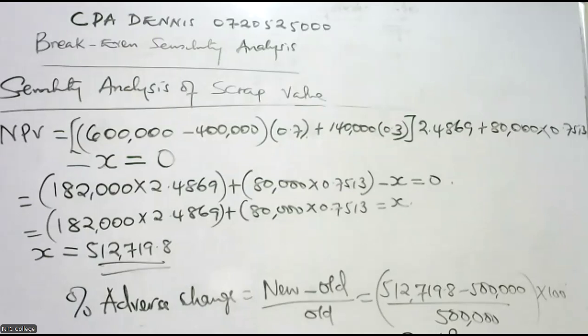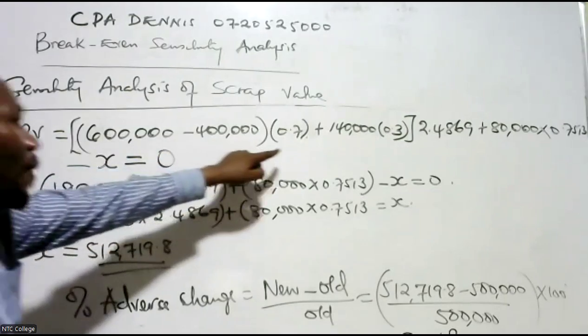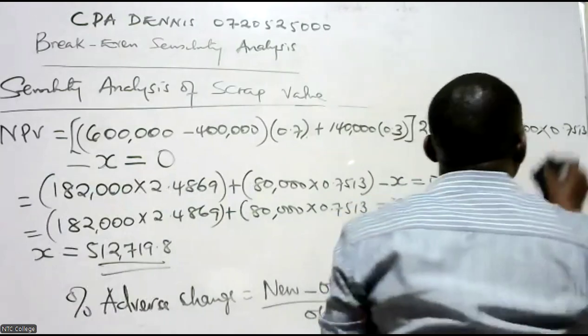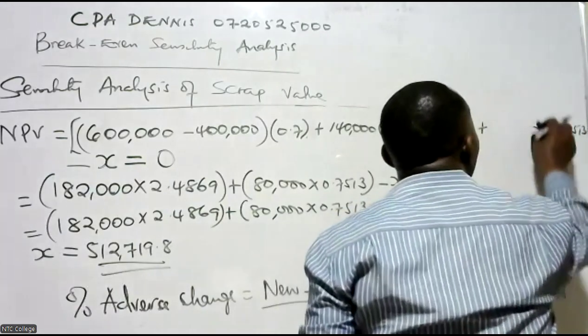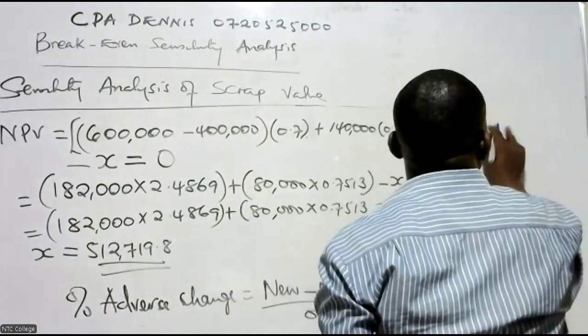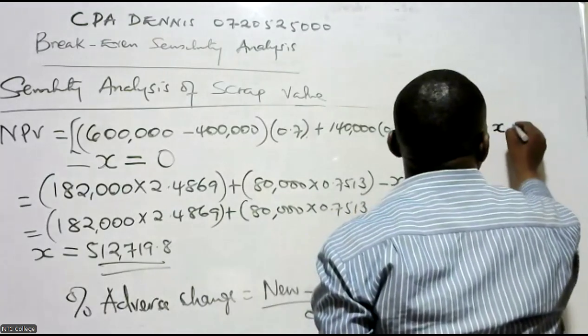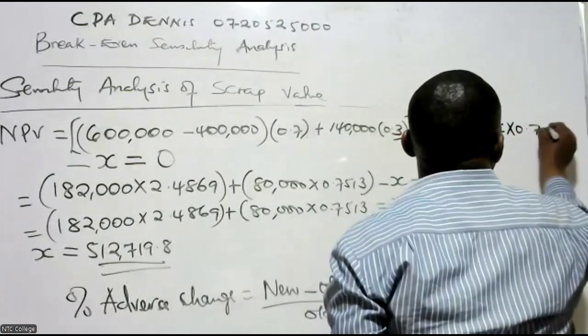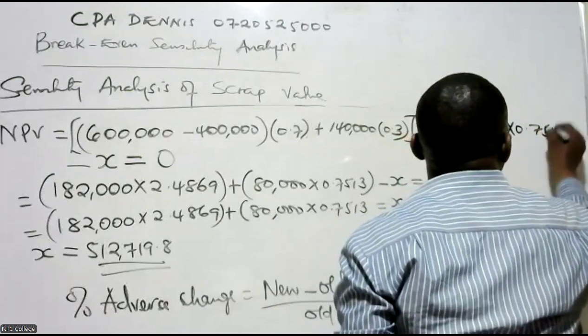So what are we doing? We simply change the scrap value. In exam, let's copy everything the way they were. The only thing that you're changing here is scrap value. You call it X. So we have X times 0.7513.